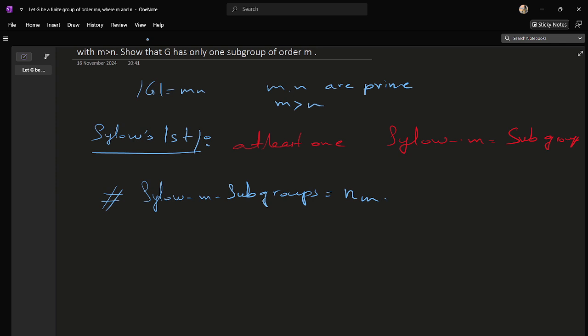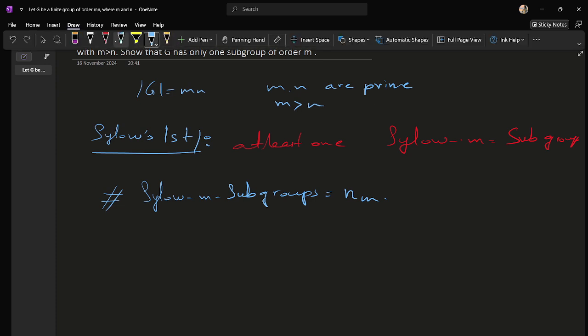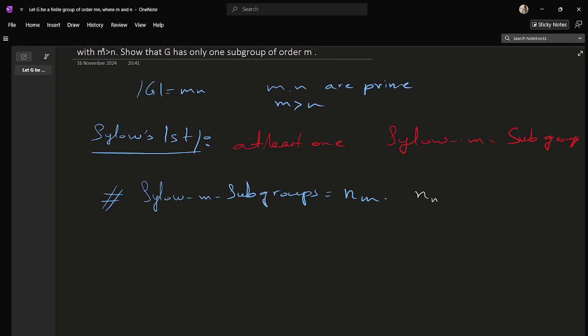Then we know the condition that appears from Sylow's third theorem: n_m divides the order of G, which is mn.